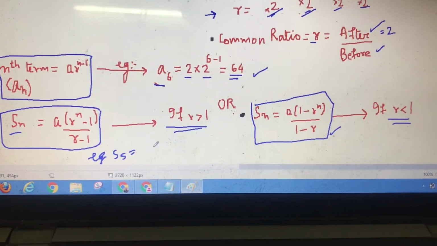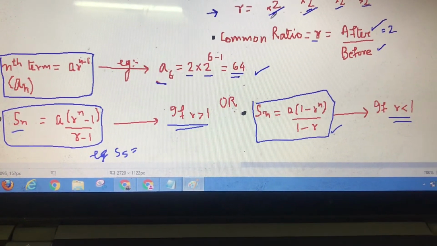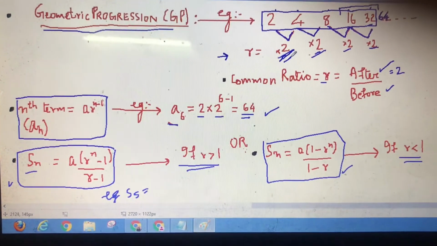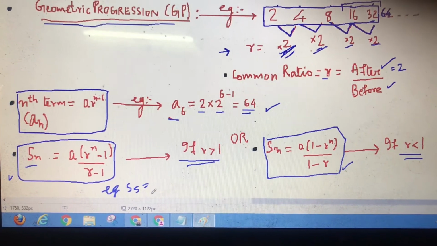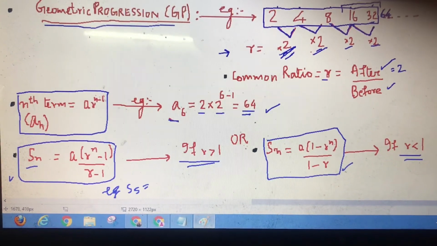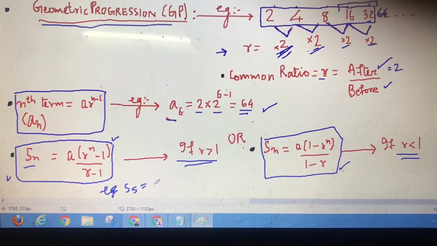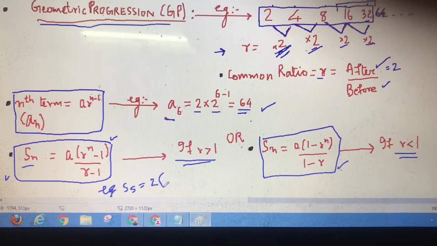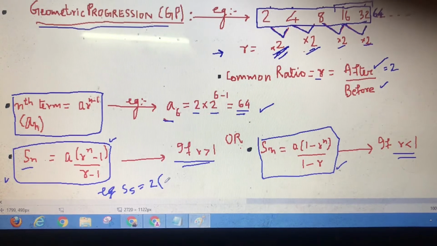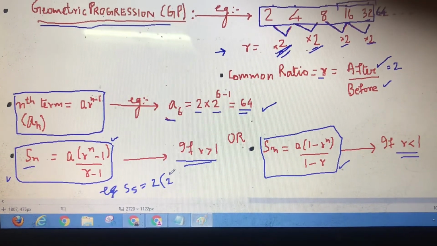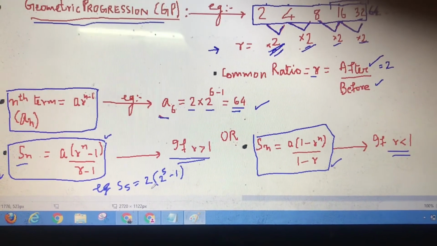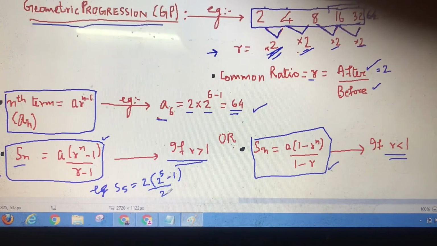Let us check now. Clearly the common ratio is more than 1. The sum of 5 terms is equal to, we'll use this formula. The first term is 2, into r raised to power n, r is 2, n is 5, minus 1, divided by r minus 1, which is 2 minus 1.